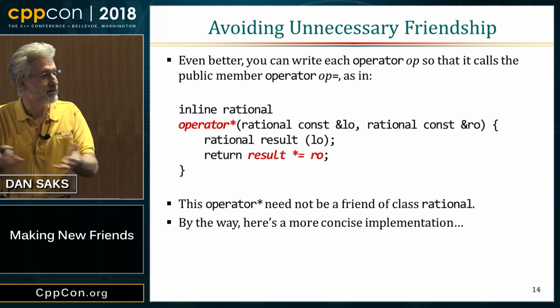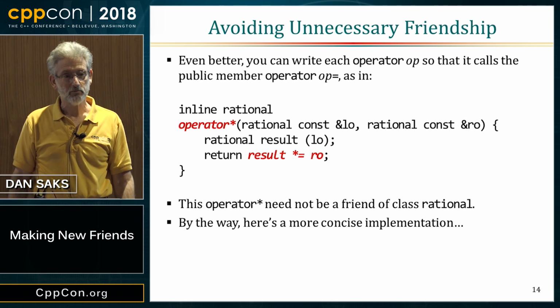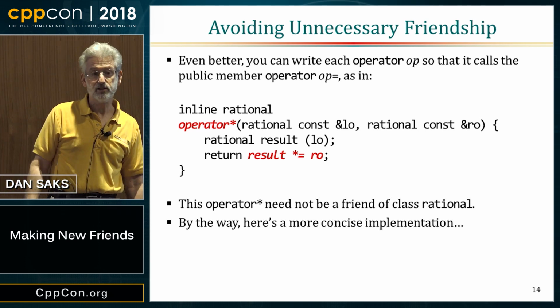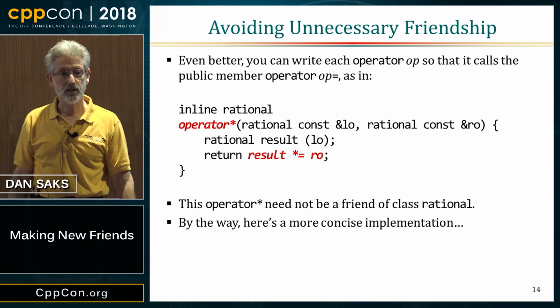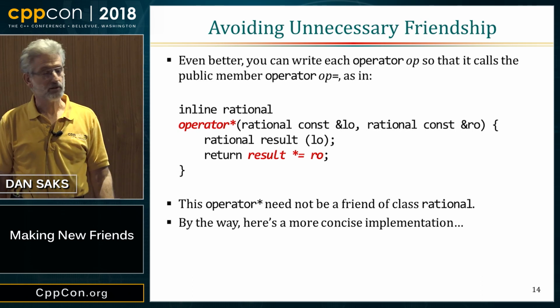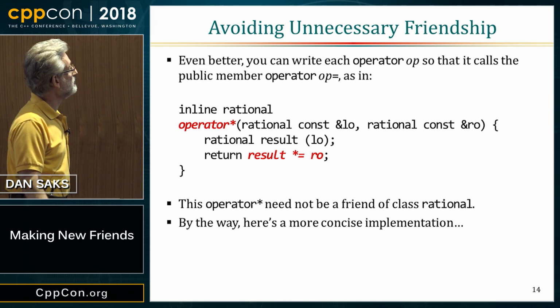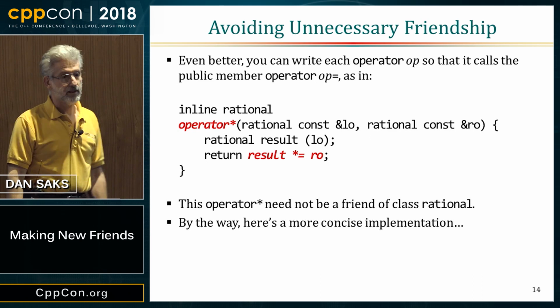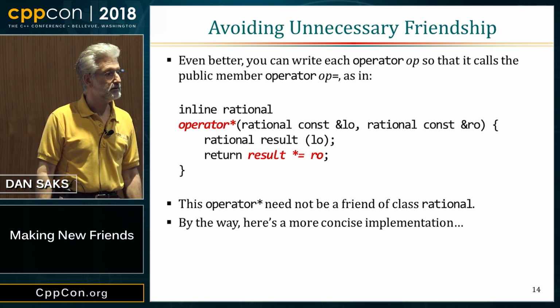It's just delivered to me in a slightly different way, but it's the same numeric result. One of the ways to assure that is, why don't you just implement one in terms of the other? And it turns out to be very natural to do it this way, to simply implement the non-member operator star by calling the star equals to do the math. Okay.